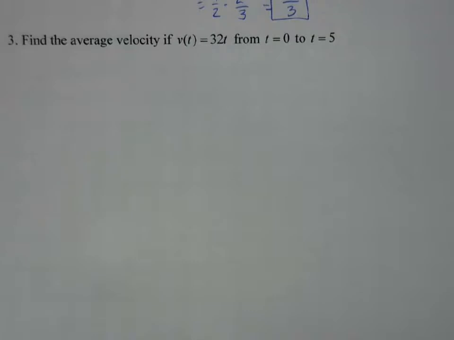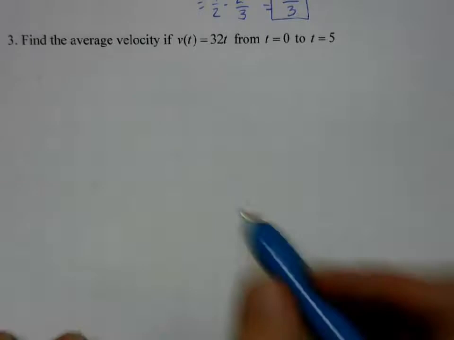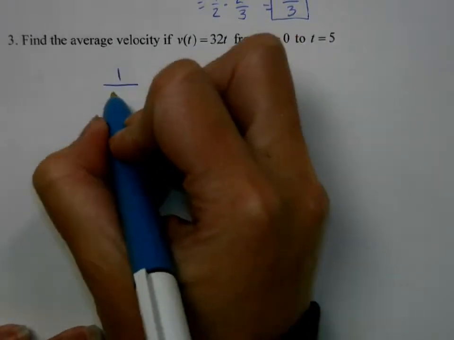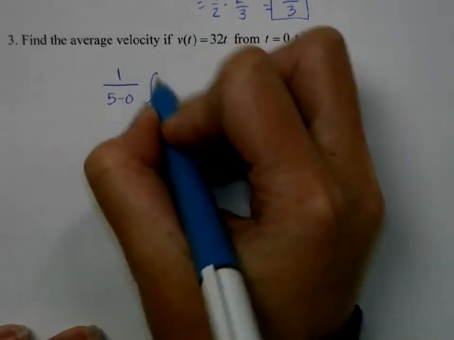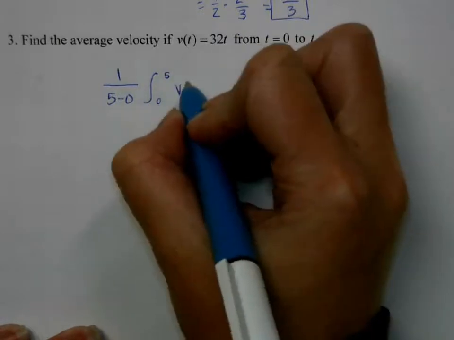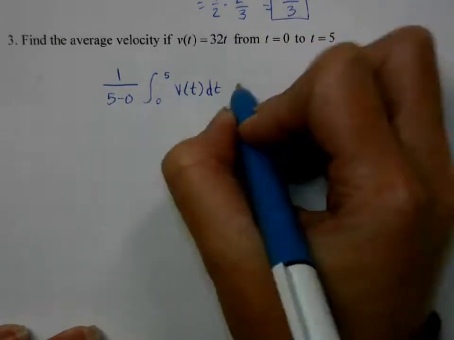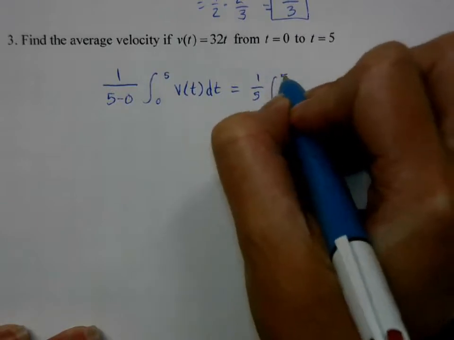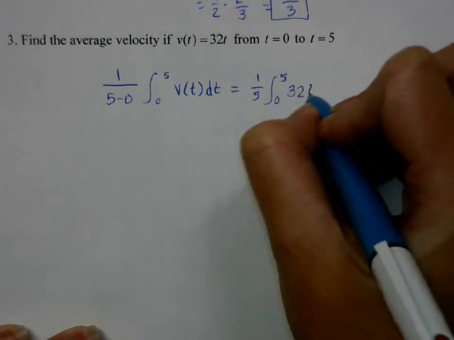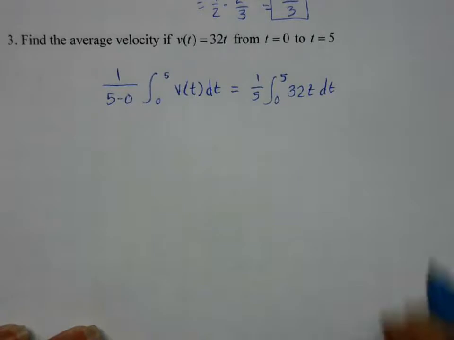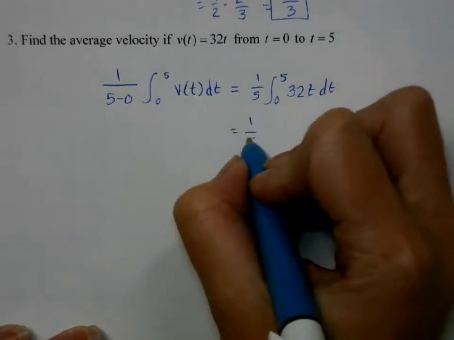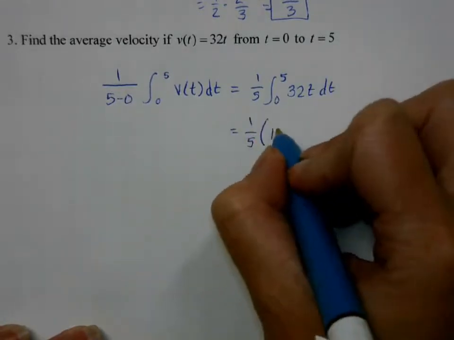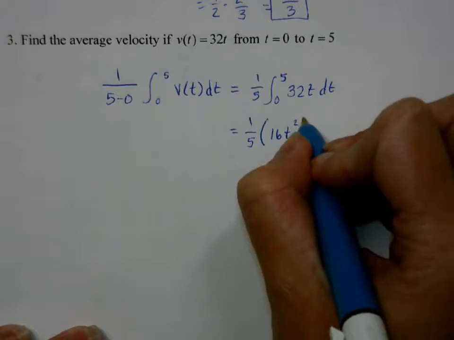Okay, find the average velocity. Well, that's just saying find the average value of this velocity function. So that'll be 1 over 5 minus 0 times the integral from 0 to 5 of v of t. Okay, so we'll take that antiderivative, which will be 16t squared.